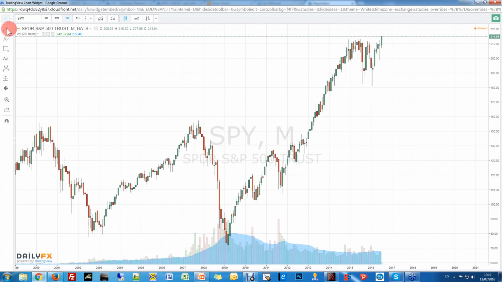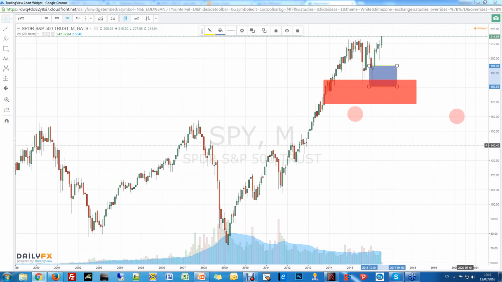Now on the monthly, we've got a new trend, new areas of demand created right there. All this area is a 3 months area of demand tested several times, and then price rallied, breaking higher.